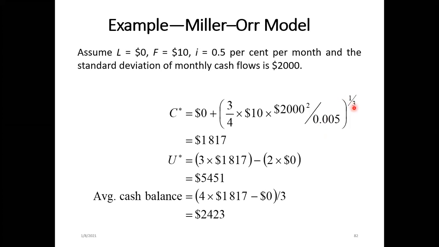Then the optimum cash balance becomes 1817. From this figure, we can calculate the upper limit.